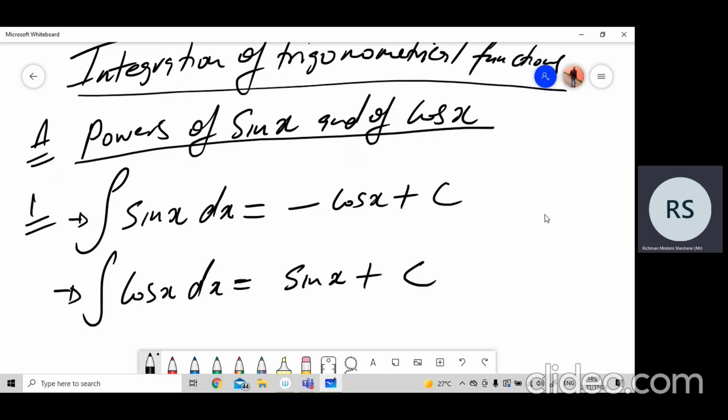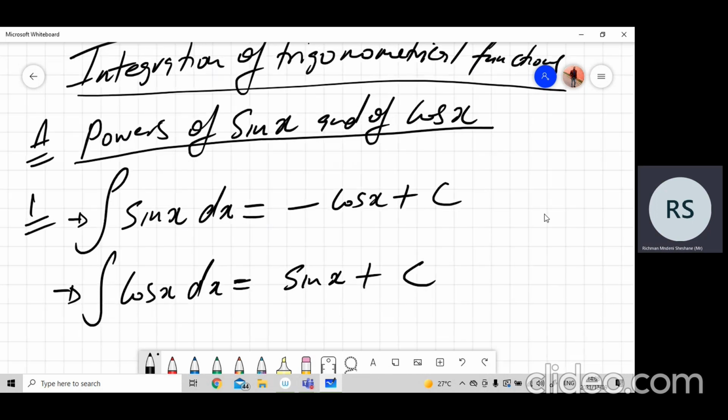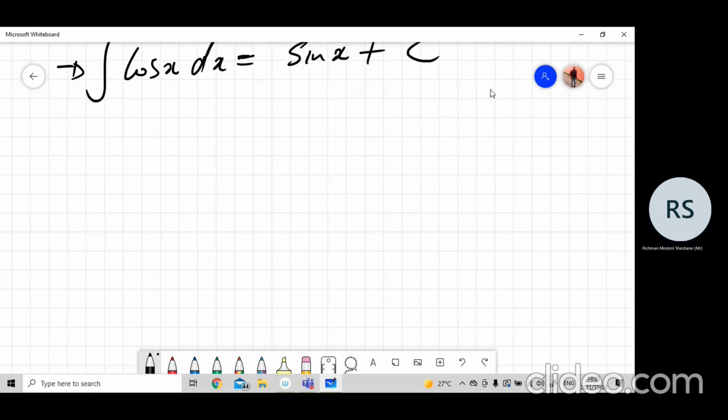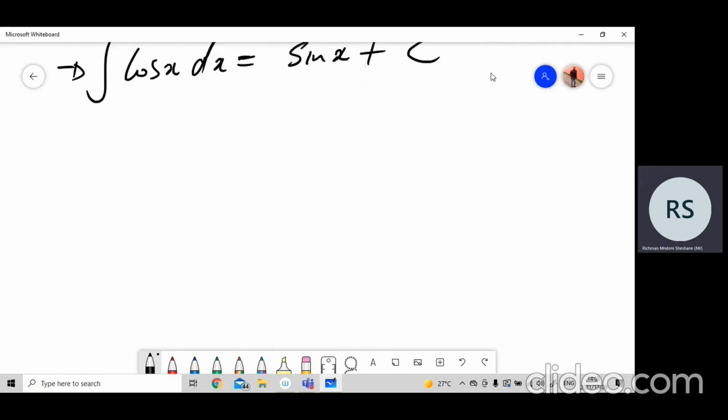Okay, let's look at the sine and cos when they are to the power of 2. What is the integral of sine squared x dx?